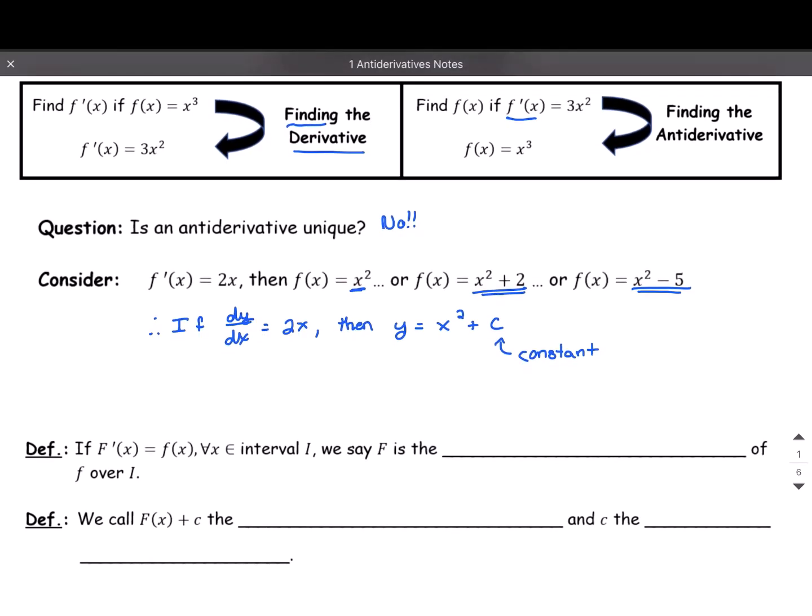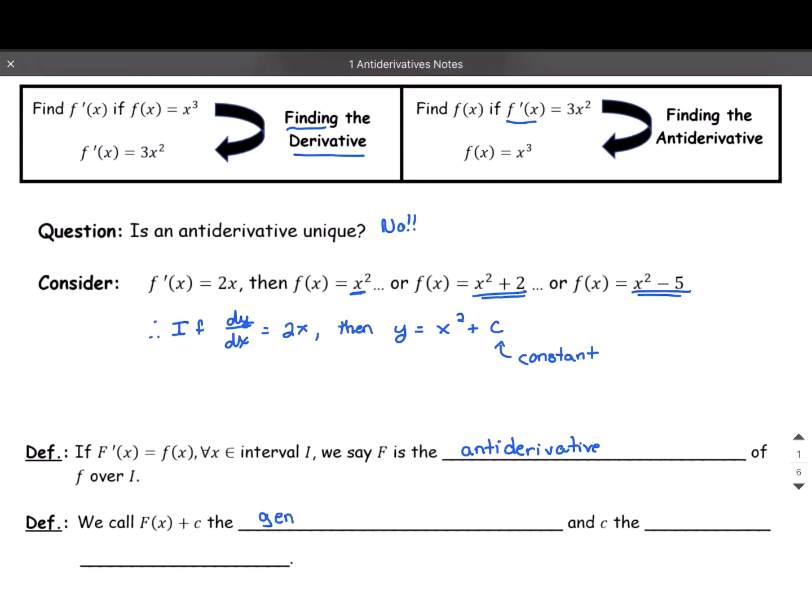Okay? Now, a couple of terms here. If we know that capital F prime of x equals lowercase f of x, then for all x belonging to the interval I, we say capital F is the antiderivative of the function f over the interval I. Also, we call that antiderivative F of x plus c the general antiderivative, and c the arbitrary constant.